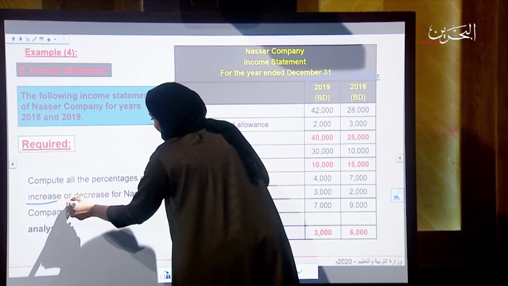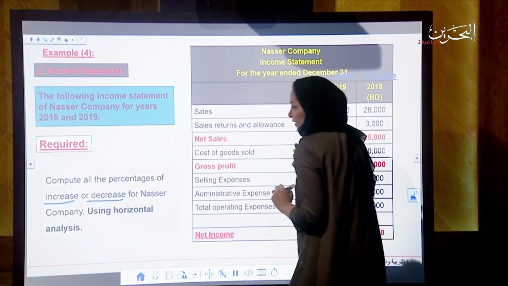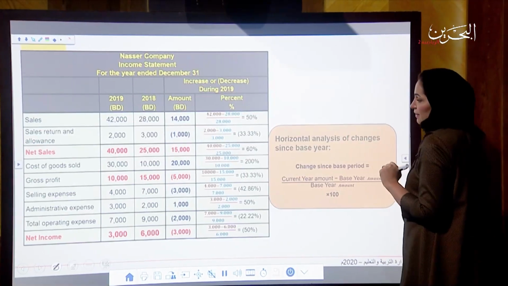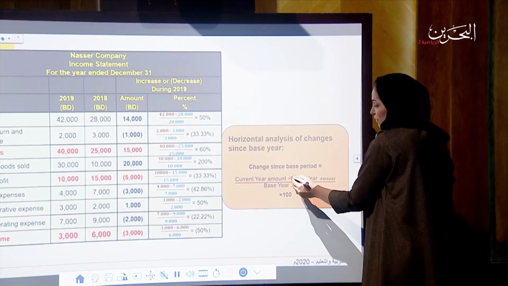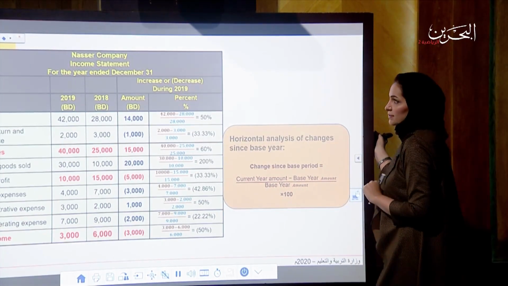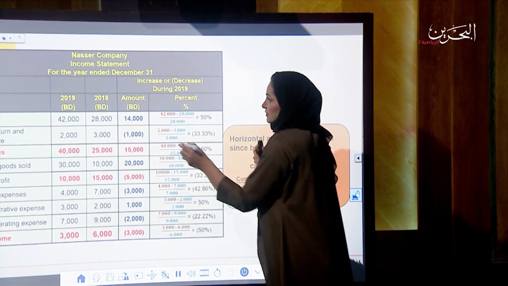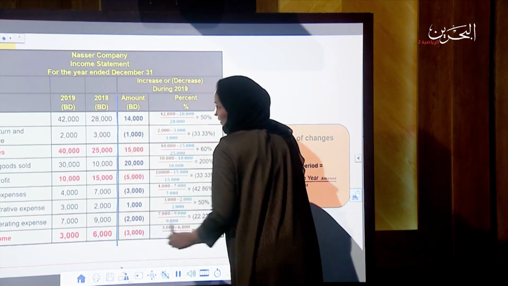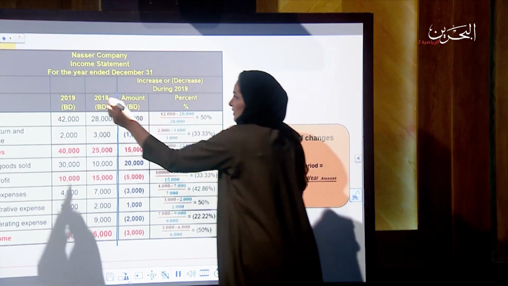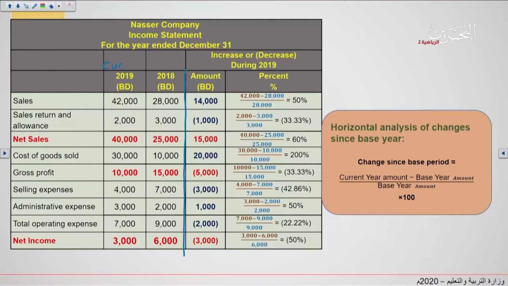As you can see, increase or decrease, so we have to apply the second formula: current year amount minus base year amount, divided by the base year amount. Let's see the income statements. 2019 is the current year, 2018 is the old year or base year.